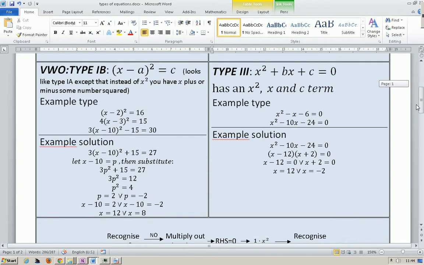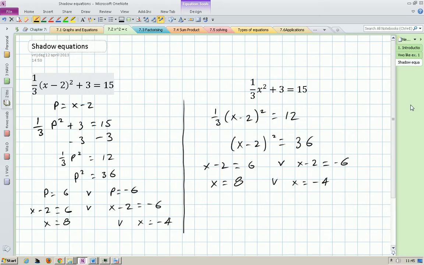But now I've introduced a type 1b, which looks a lot like type 1, except that you're subtracting or adding something from the x before you're squaring it. These are examples of this type and also an example of how to find the solution. Type 3 we already know. So that is how to solve these types of equations.